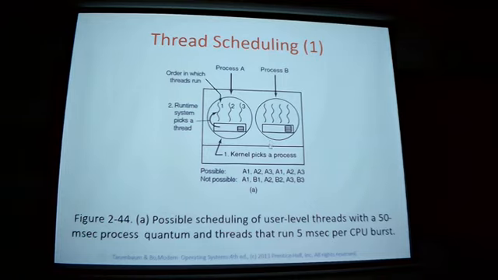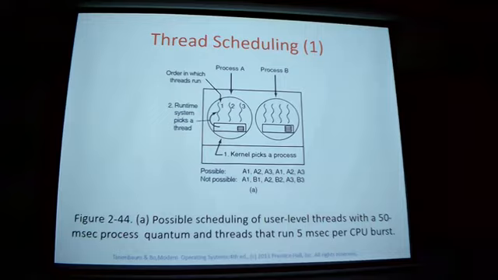So the operating system, the kernel, only sees processes, but doesn't see threads. It doesn't know about threads, only processes. Differently, in kernel mode, the operating system can directly manage threads.